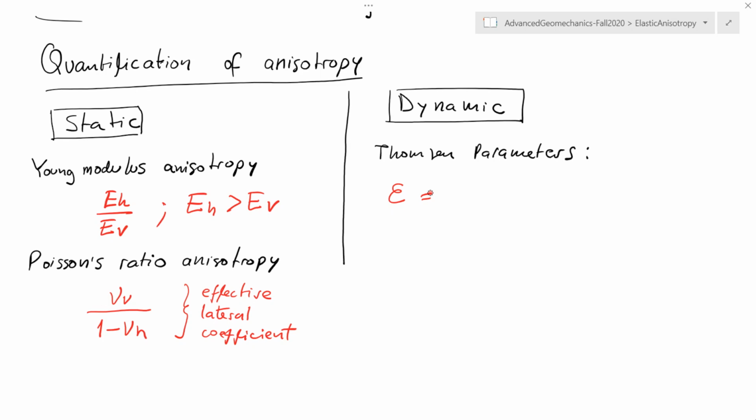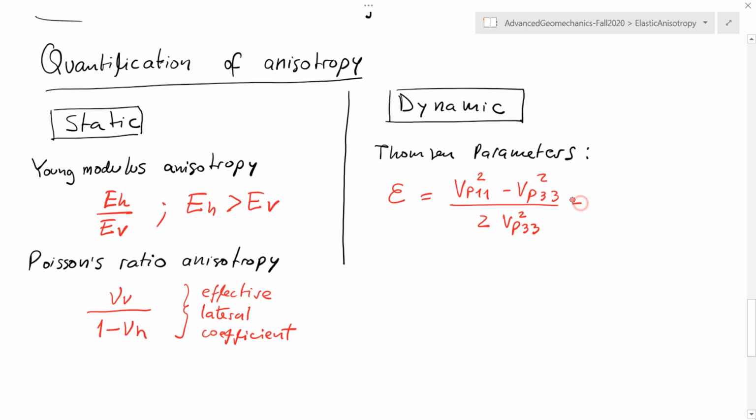For example, the first Thomson parameter epsilon characterizes the anisotropy in P waves, and this will be the horizontal P wave velocity, according to what we have defined before, minus the square of the vertical P wave velocity divided by 2 times the vertical P wave velocity.